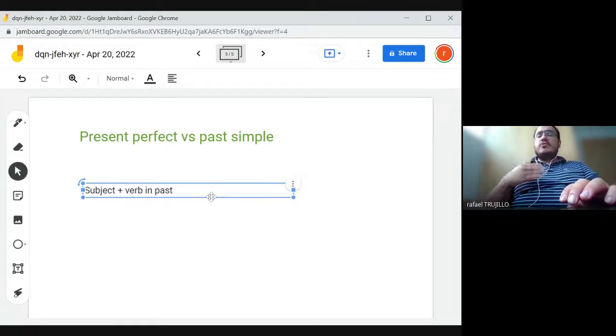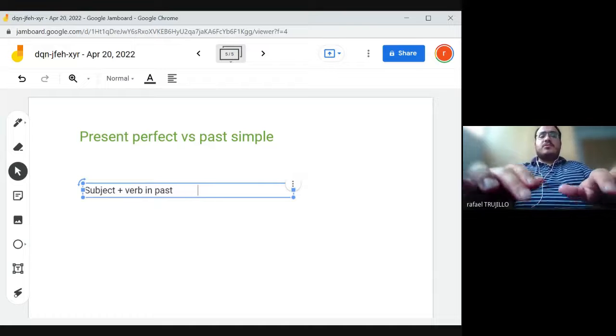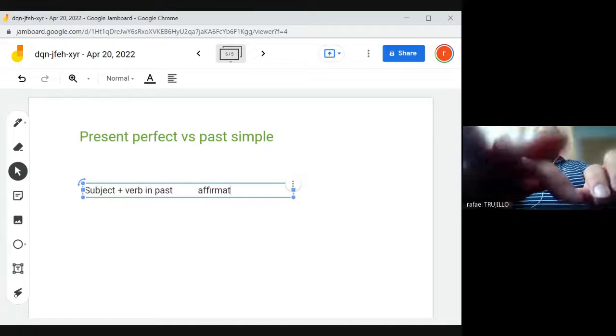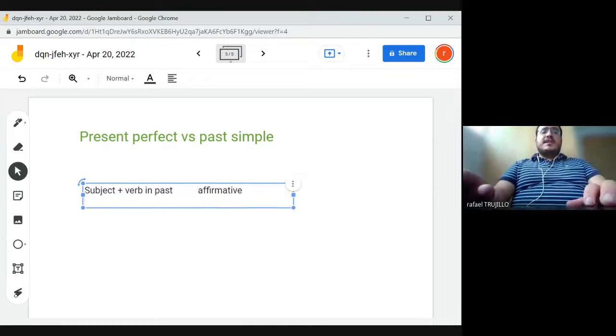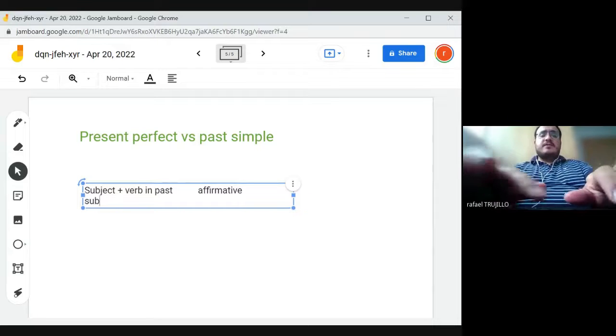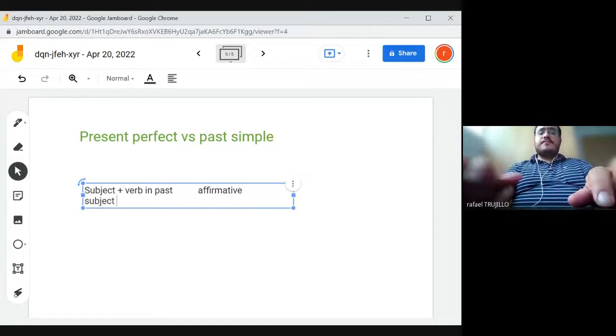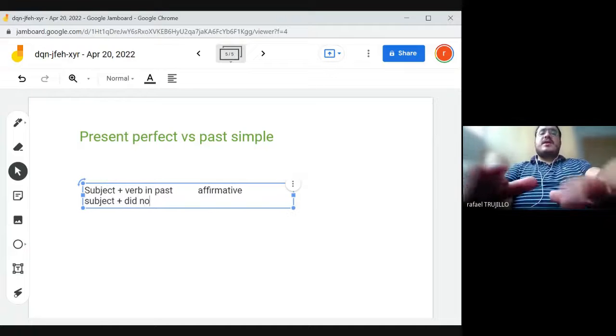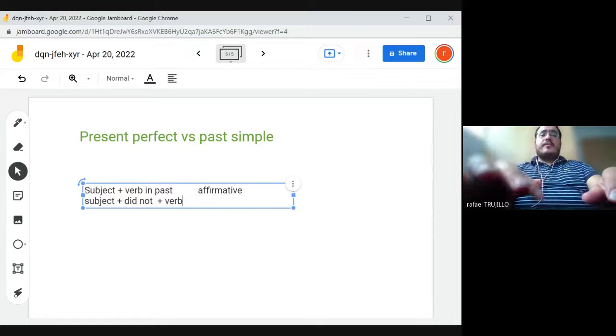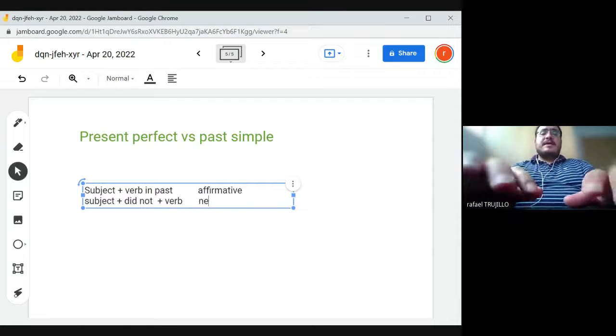Of course, we can always add a complement. Siempre podemos agregar un complemento. And this is for affirmative. Then we have the negative. Subject plus did not plus verb. And that's it.